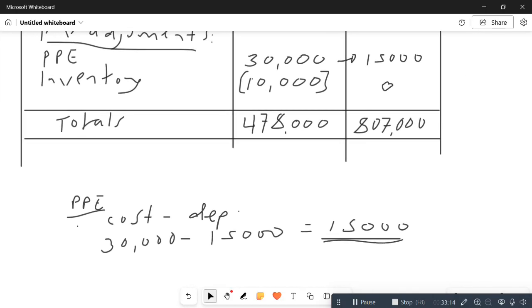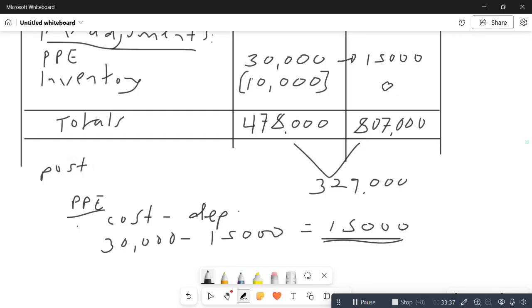Let me organize it here. What is the difference from reporting? Report was 807 minus 478, which is 329, as we call this post acquisition movement, or profit.